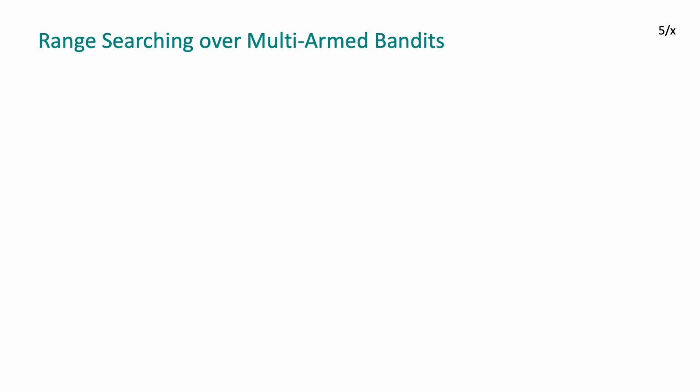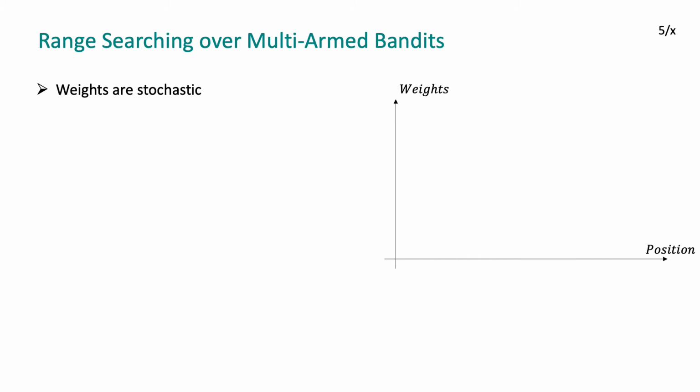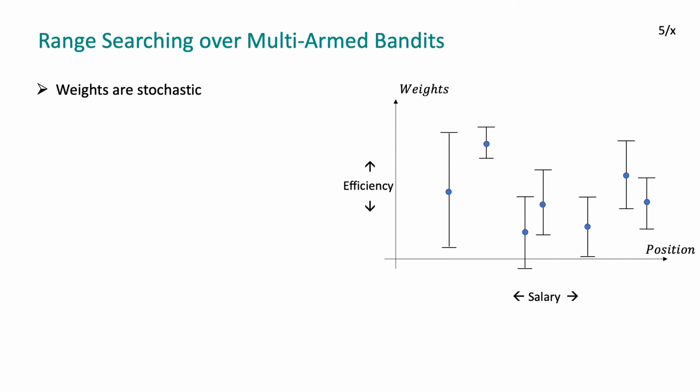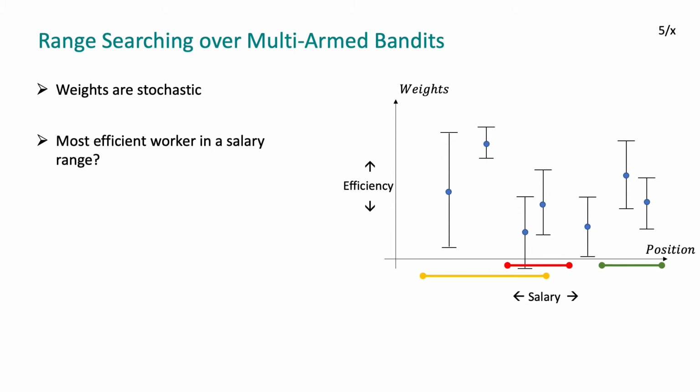In our novel setting, range searching over multi-arm bandits, for the set of points, the positions on the real line are fixed, but the weights are stochastic. They are not known deterministically. As a stylized example, in a crowdsourcing work environment, the salary is fixed and known, but the efficiency or productivity is uncertain, it's a stochastic quantity. And we want to find the most efficient employee in different salary ranges.